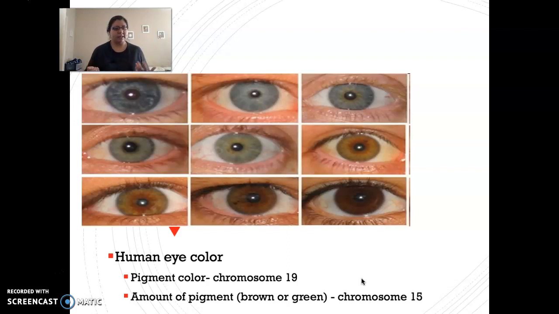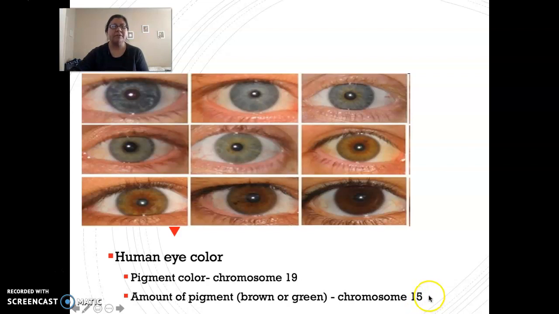Well, not only that, we can have dark blue eyes, we can have light blue eyes, we can have really dark brown eyes, we can have light brown eyes. So if we're looking at our two chromosomes, we actually have chromosome 19 that determines the pigment color. So are you going to have brown pigment or are you going to have blue pigment? So chromosome 19 determines pigment color. After that, the amount of pigment is on chromosome 15, and that's how you get your different colors.